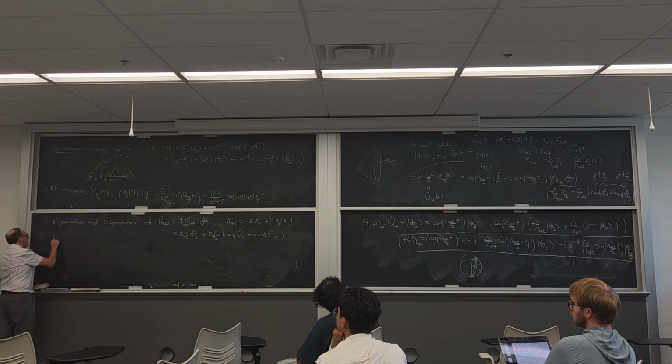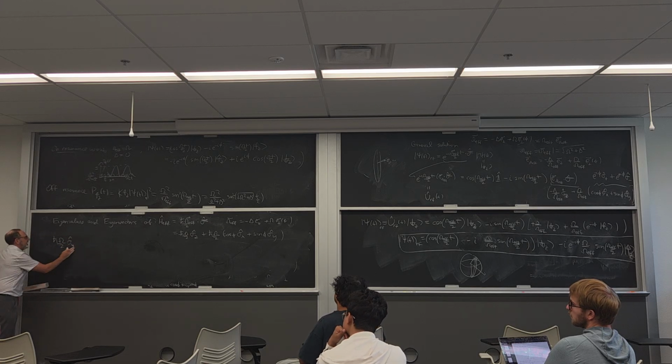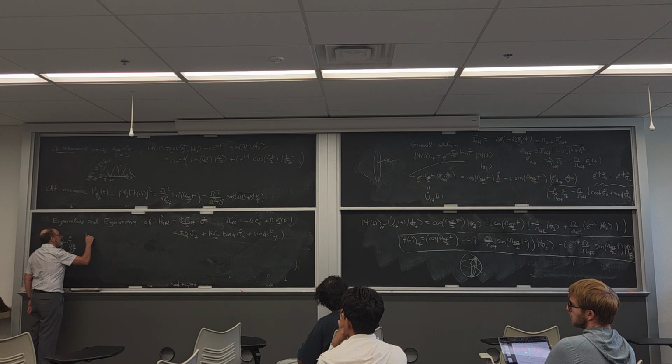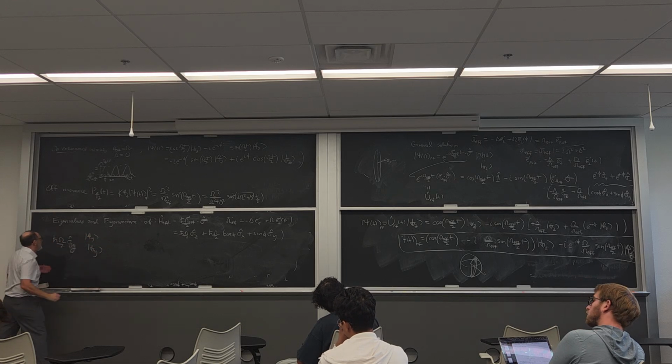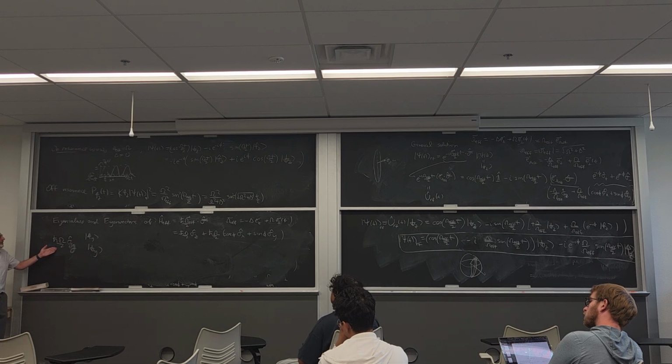Suppose I had the following Hamiltonian. What are the eigenvalues and eigenvectors of this Hamiltonian? The eigenvectors are up and down along y. And what are the eigenvalues of this? Plus or minus h bar omega over 2.